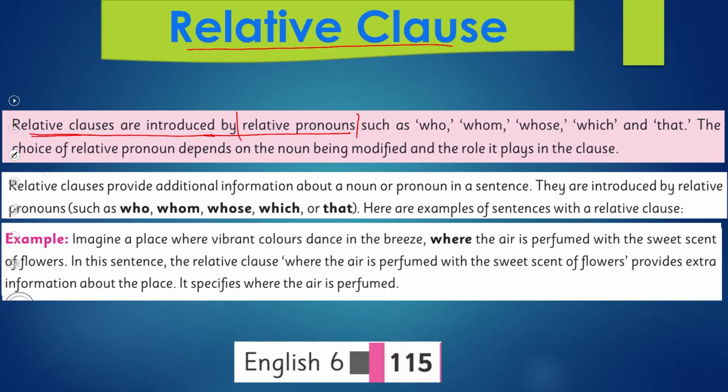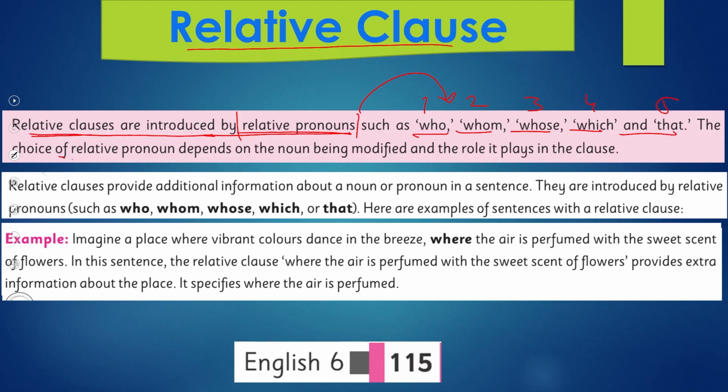We can easily identify a relative clause when we see relative pronouns: who, whom, whose, which, and that. These are basically five relative pronouns. Whenever the clause starts with these words, such a clause is called a relative clause.